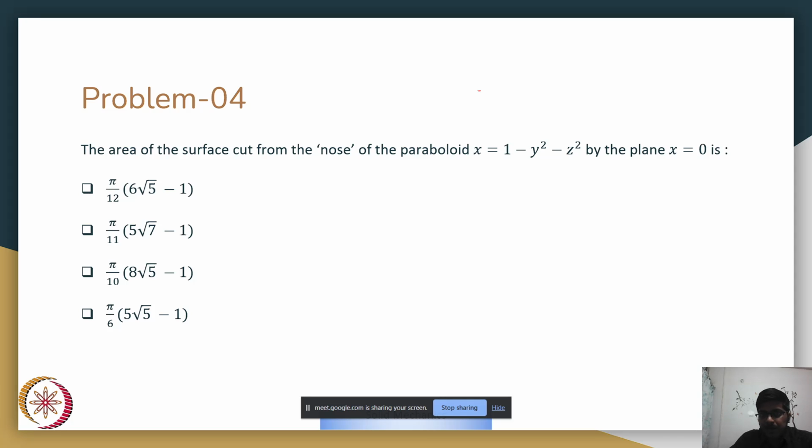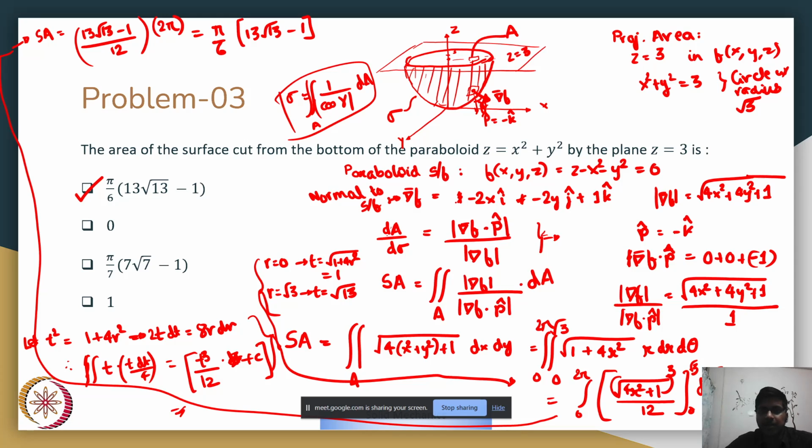So I'll again draw my 3 axes. This is my x, this is my z. I made a mistake here, so I think this should be x, this should be y, but it won't matter.